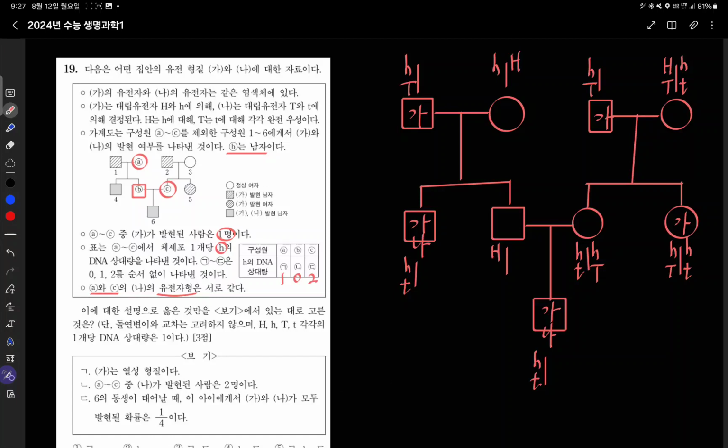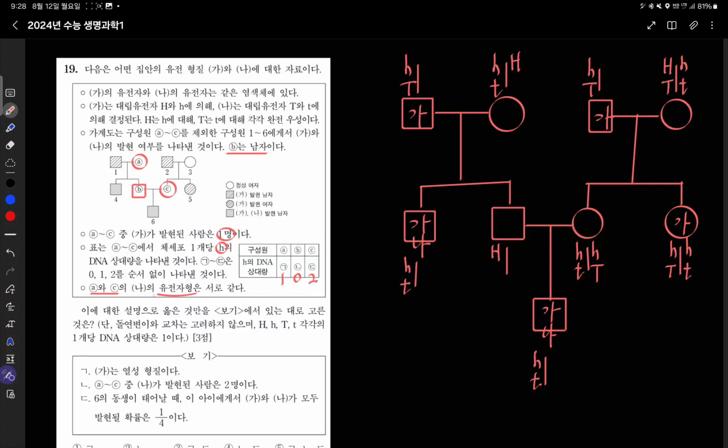And then from individual number 4, because individual number 4 has both a first and second trait expressed, her mother should have the X chromosome with one lowercase h and lowercase t linked.